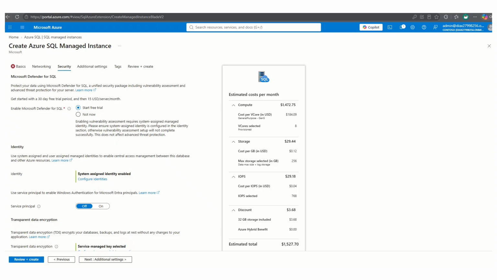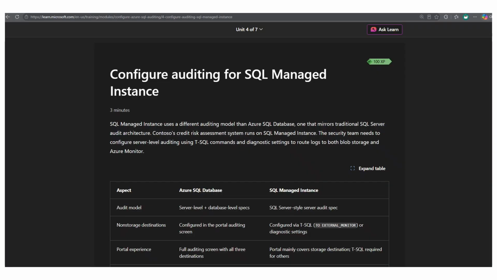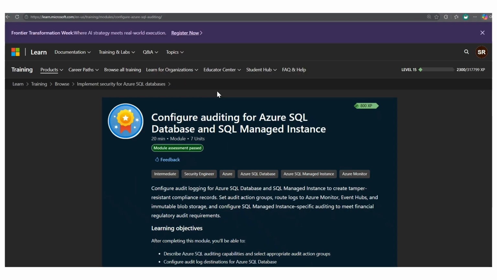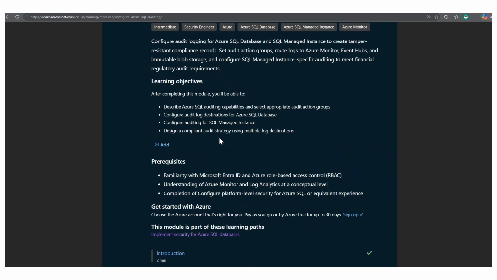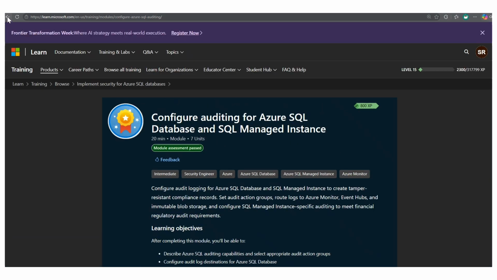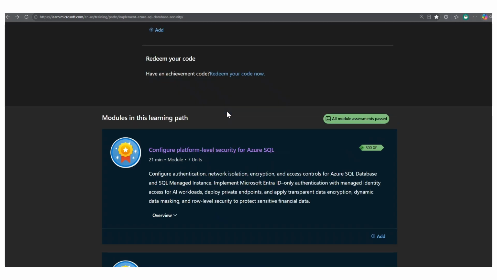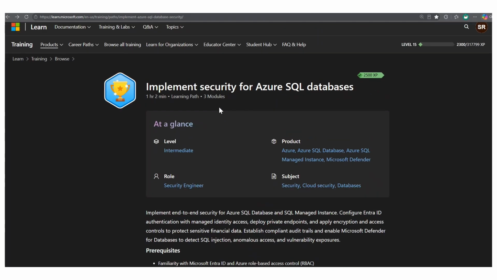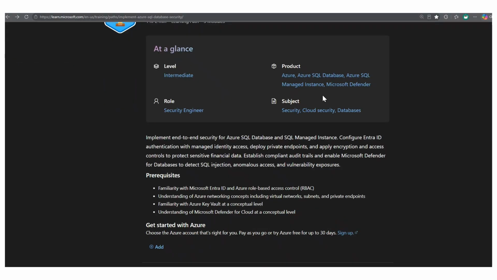So going back into the course or the learning path where we are. For those of you who have not been following, we are in the learning path, Implement security for Azure SQL Database.